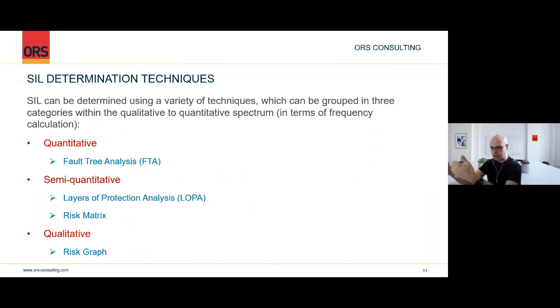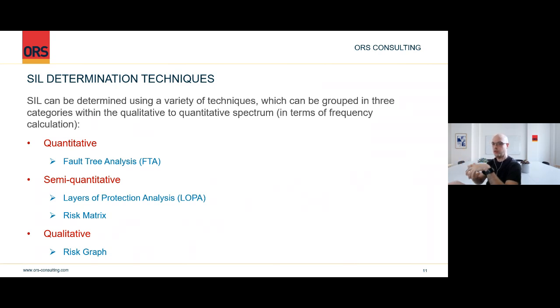Then you have semi-quantitative methodologies, which are LOPA and risk matrix, where they are order-of-magnitude type methodologies in which you make a lot of assumptions. That's why we say they are semi-quantitative.